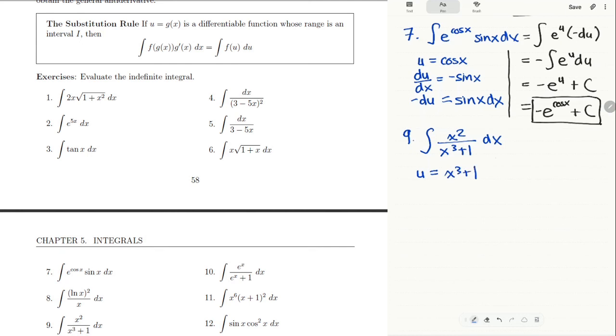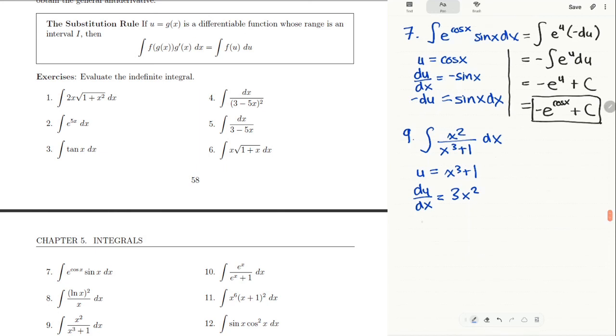We see that the derivative, du over dx, is equal to 3x squared. And we see x squared dx in the numerator. So if we multiply both sides by dx and divide by 3, we end up with x squared dx is equal to du over 3.